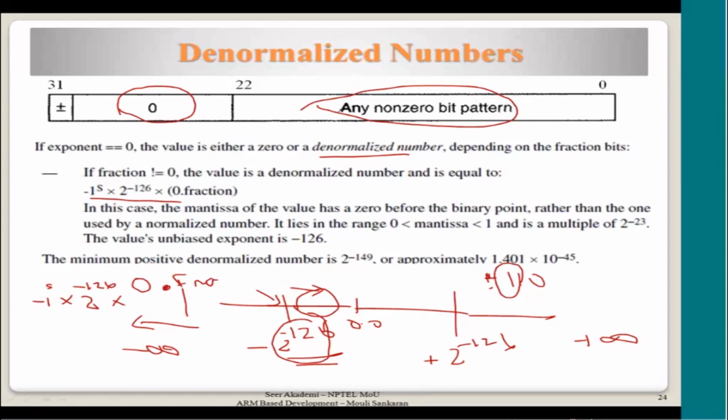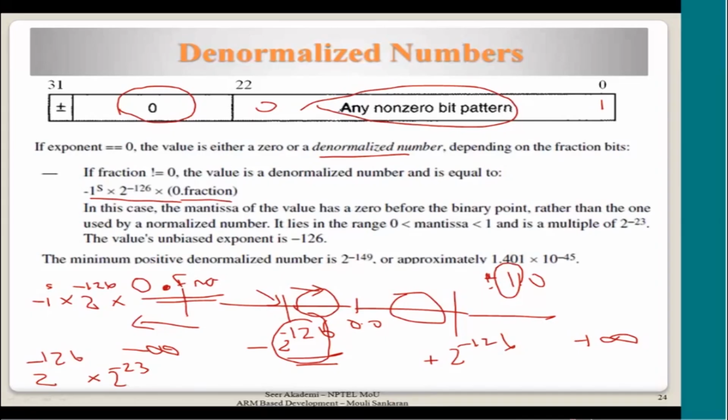That means you are still bringing down the value that you can represent in the lower region. So basically what you do is 2 power minus 126 into how far you can go lower, into 2 power minus 23. You agree? The least LSB is 1, the least you can represent, all zeros followed by 1, and you are assuming that it is a 0 point something.